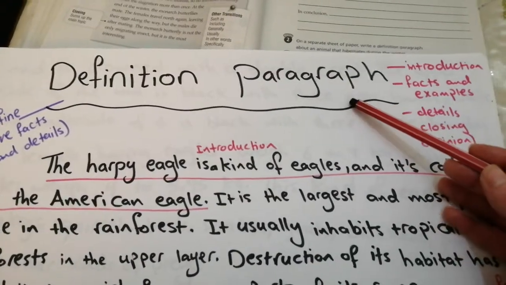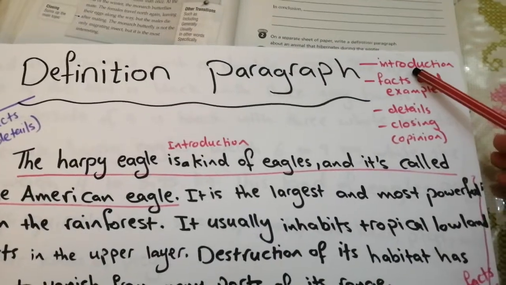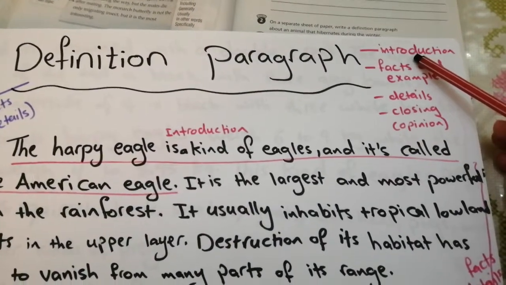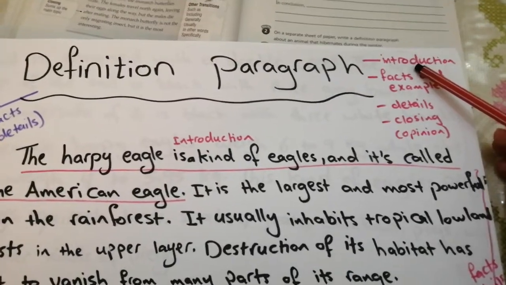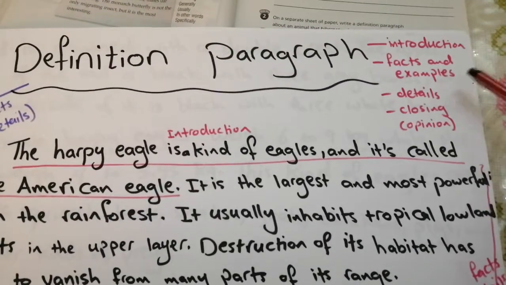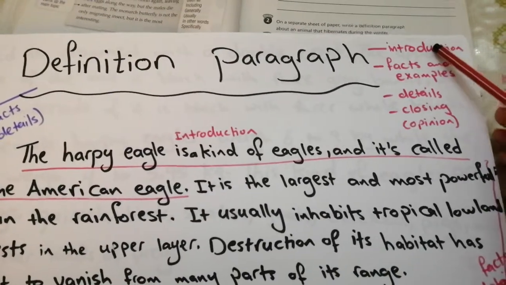And the main parts when I write a definition paragraph, first of all, I have to write an introduction, the beginning sentence. I start my paragraph with a sentence that shows what I am writing about, what I am going to define in my paragraph.